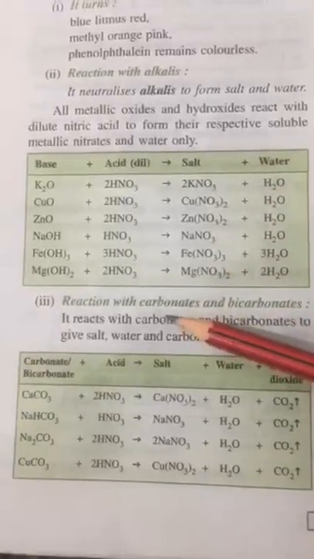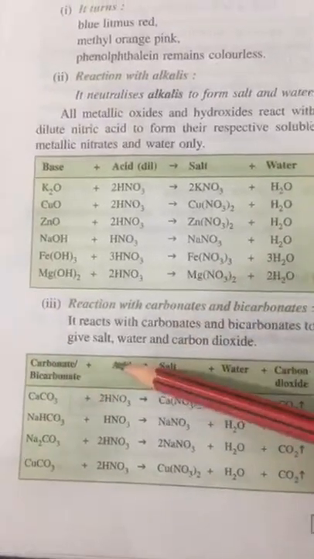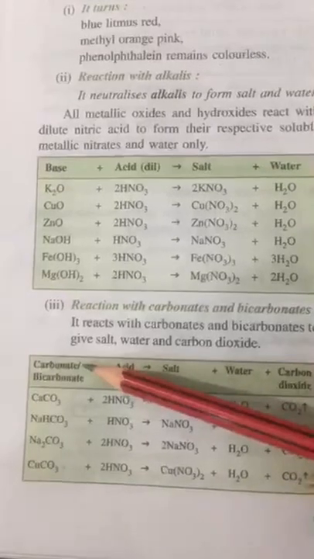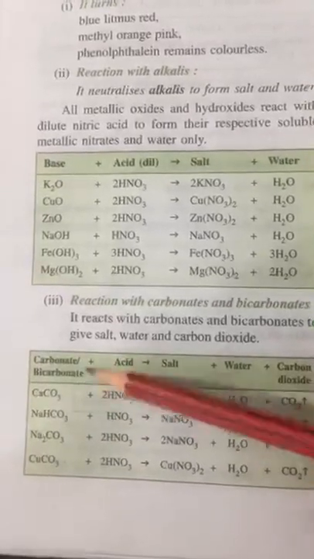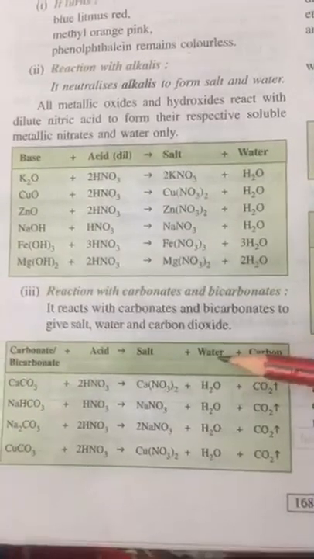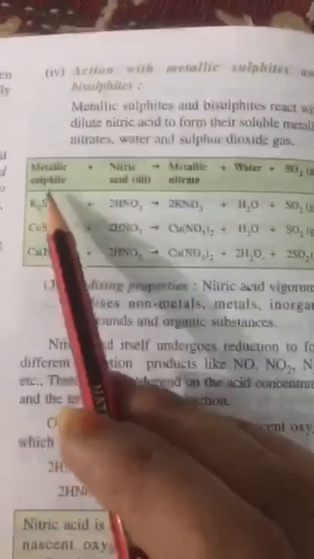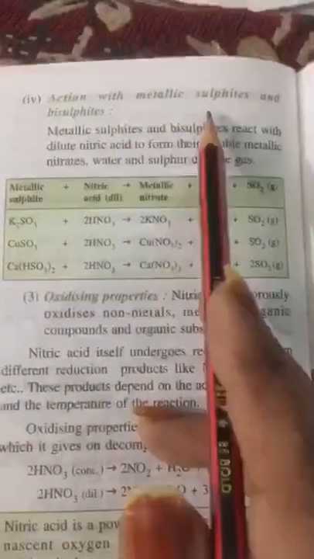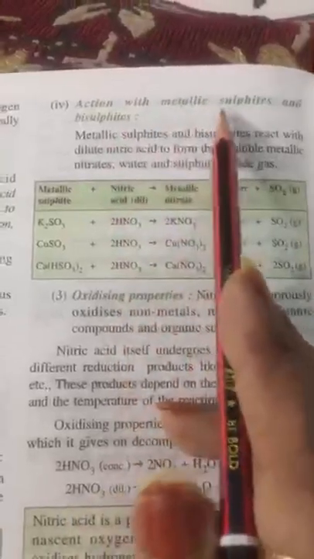Next is reaction with carbonate. When acid is added to any carbonate or bicarbonate, then carbon dioxide gas is formed along with water and salt. Next is action with metallic sulfides and bisulfides. What are sulfides?